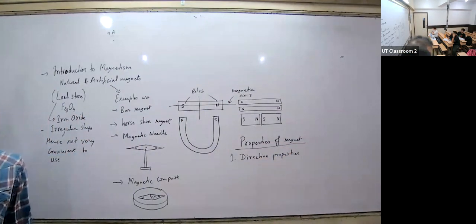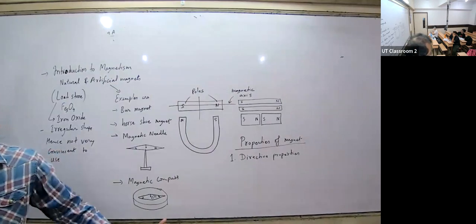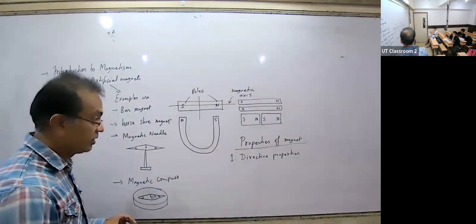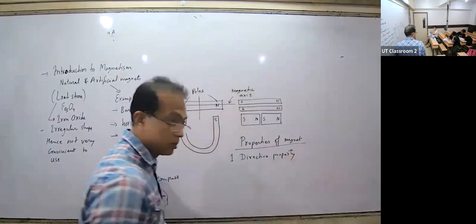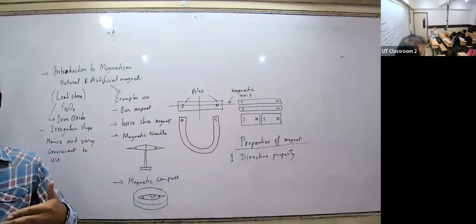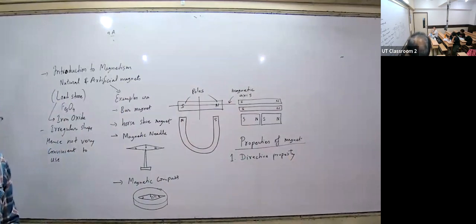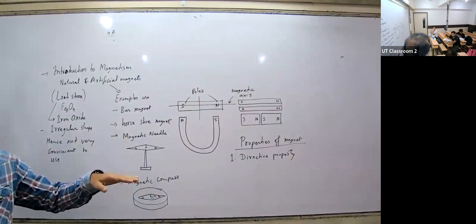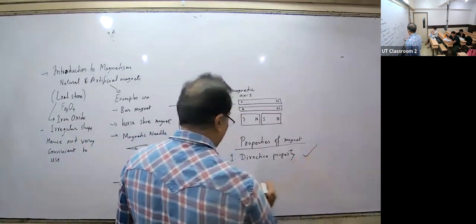Have we written properties of magnet? No. Okay. So this is the property of a magnet. So what is directive property? Anybody knows what is directive property? It's related to direction. Whenever a magnet is suspended freely, it will point in geographic north-south direction, right? So that's directive property.